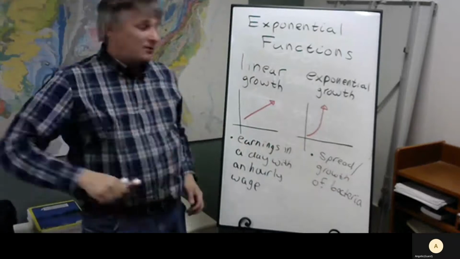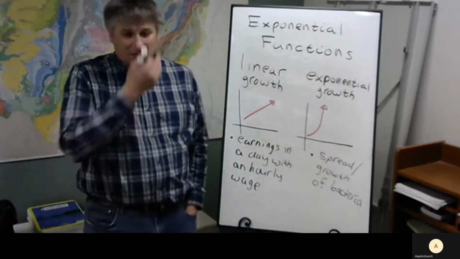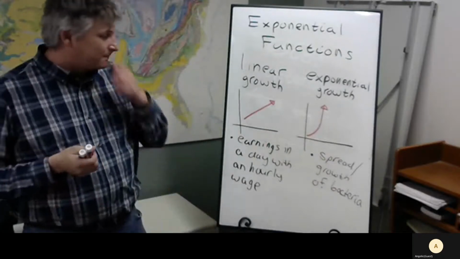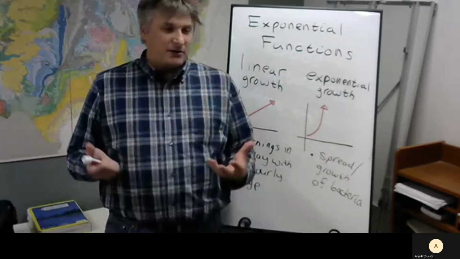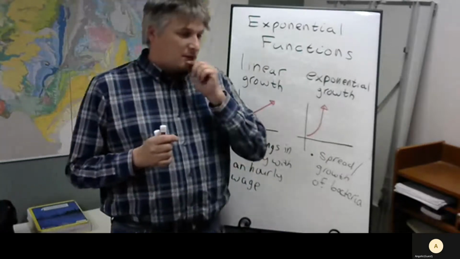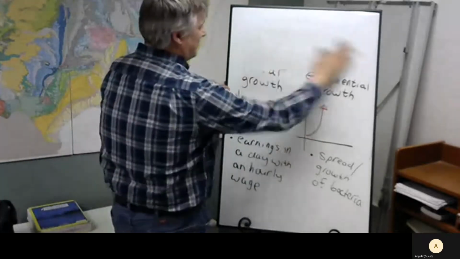So I'll go through some numerical examples to kind of give an idea of this sort of linear versus exponential. But what we're going to do with bacteria, we're going to assume that bacteria spread by dividing in two. So for example, let's continue this comparison.